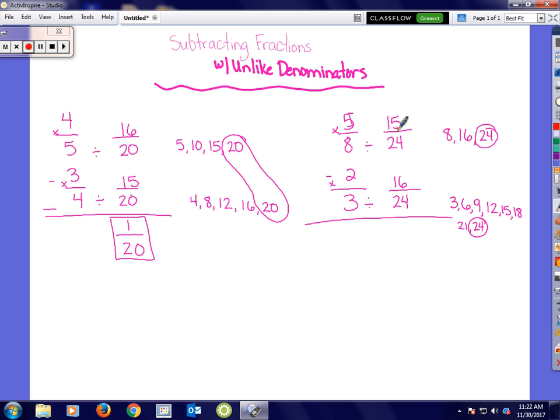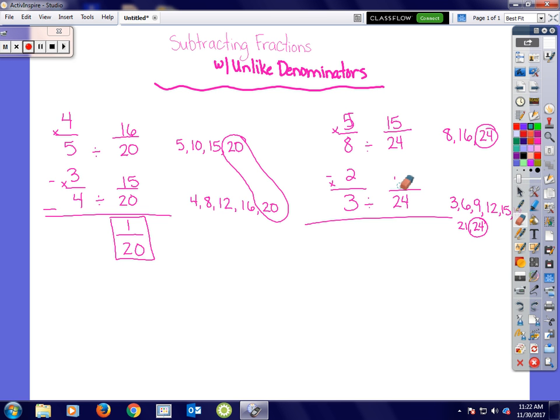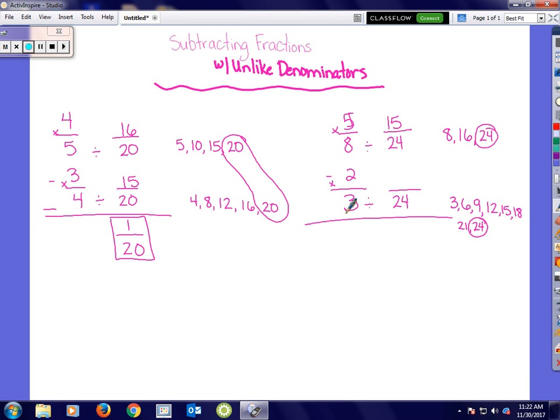Wait, I did that wrong. Okay, see, even teachers make mistakes because I don't know how to divide apparently. Let's try this. Wait. No, that was right. 24 divided by 3 is 8, right? 8 times 2 is 16. Okay, so when I did my problem, I figured it out wrong on my paper. So this problem you can't do. We're just going to swap it.